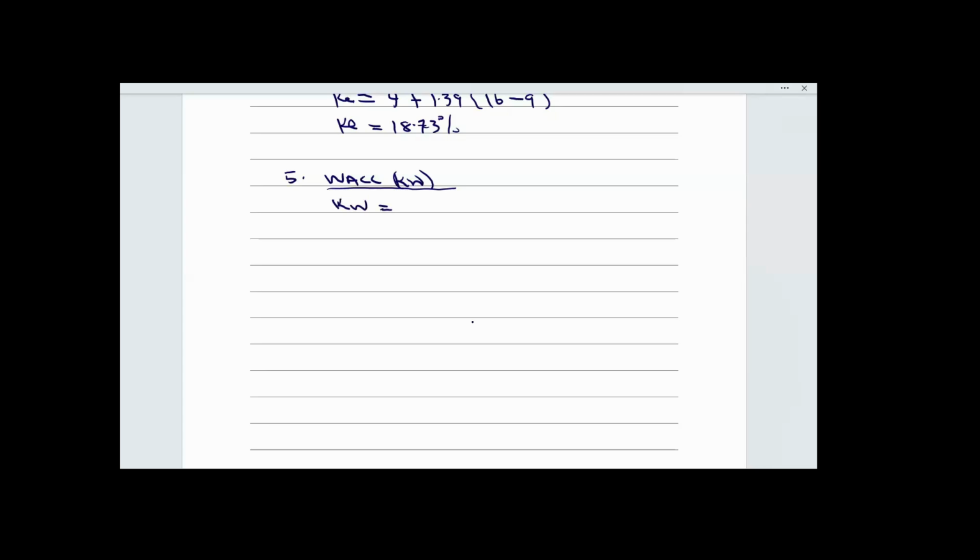So weighted average cost of capital is equity value divided by equity plus debt, multiplied by cost of equity, plus debt value divided by equity plus debt, multiplied by after-tax cost of debt, Kd times 1 minus tax.